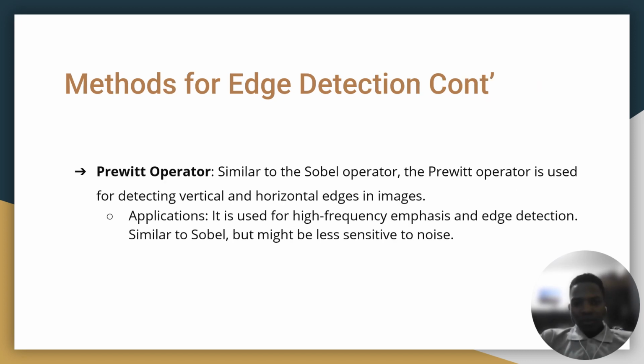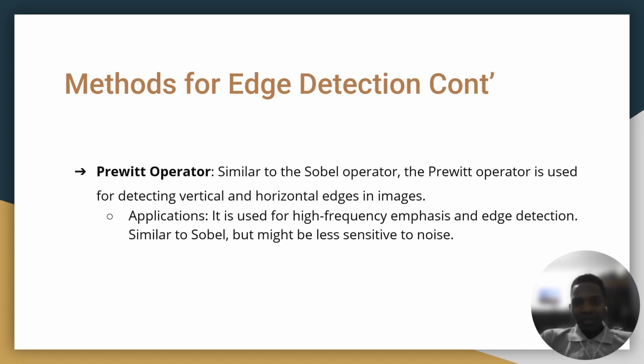Our next method is called the Prewitt operator. It is similar to the Sobel operator method in some ways, as it is used for detecting vertical and horizontal edges in images. How it works is that it also uses a 3x3 convolution kernel, one for detecting changes in brightness in the horizontal direction and the other in the vertical direction.